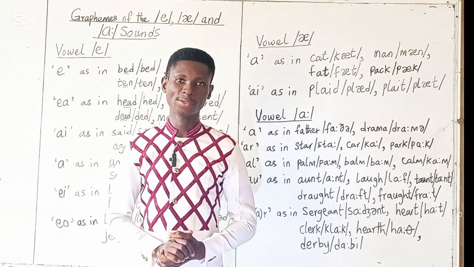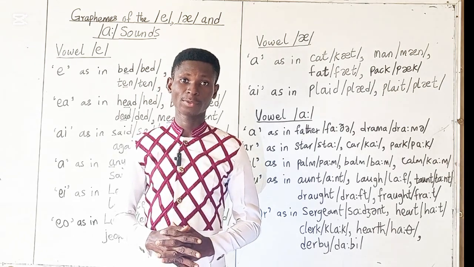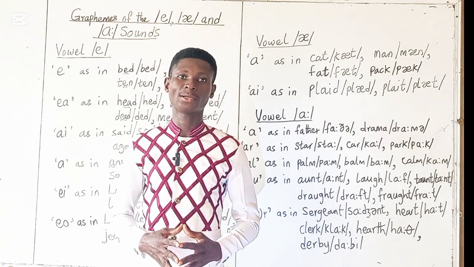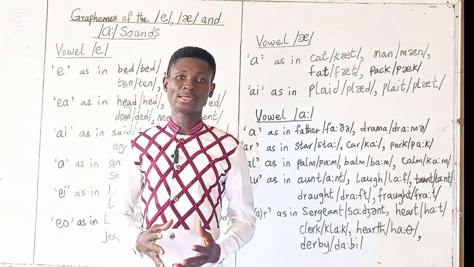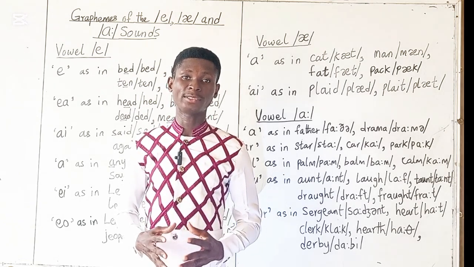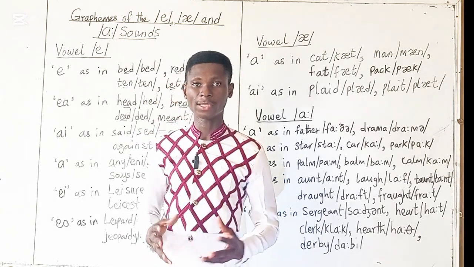Today, I want to continue from where I stopped in my previous video, concerning the monophthongs of the English language. Particularly, I considered the graphemes representing some of the sounds, some of the phonemes of the English language.